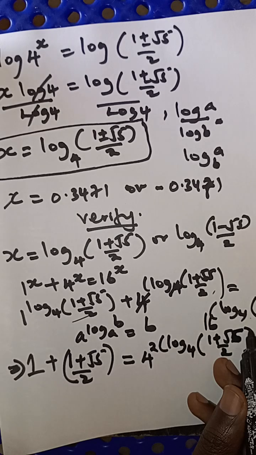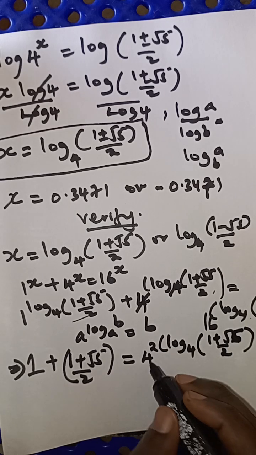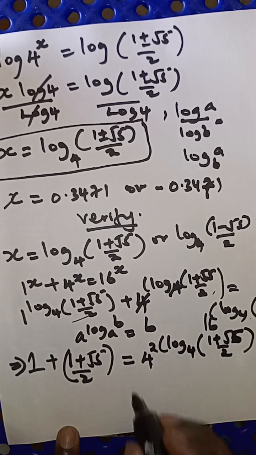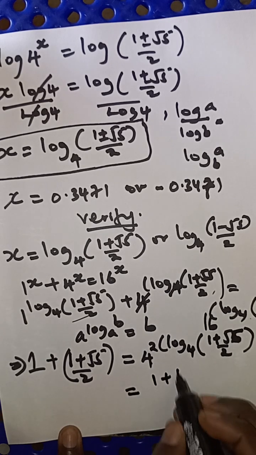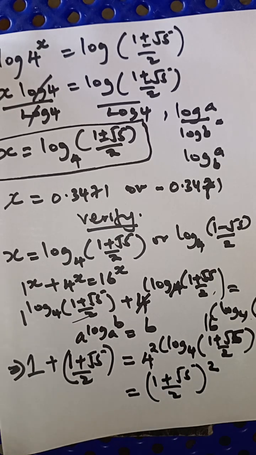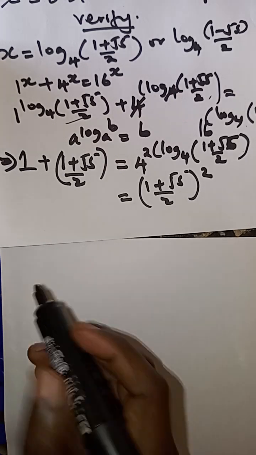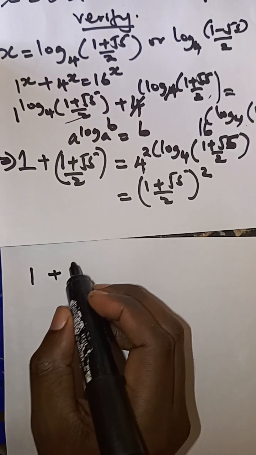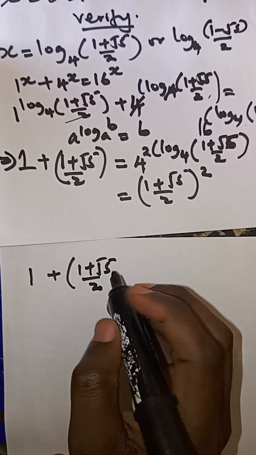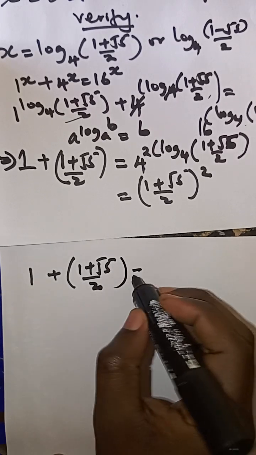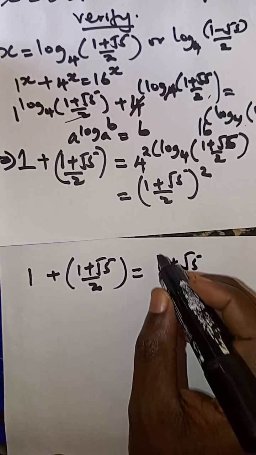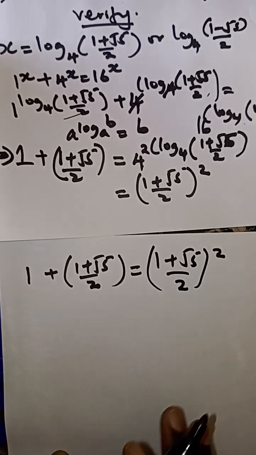The 2 can come on the upper part, and the base and the base are going to cancel, so that on the right hand side I'm going to end up with ((1 plus root 5) over 2) squared. So on the left hand side I have (1 plus root 5) over 2, and on my right hand side I have ((1 plus root 5) over 2) squared.